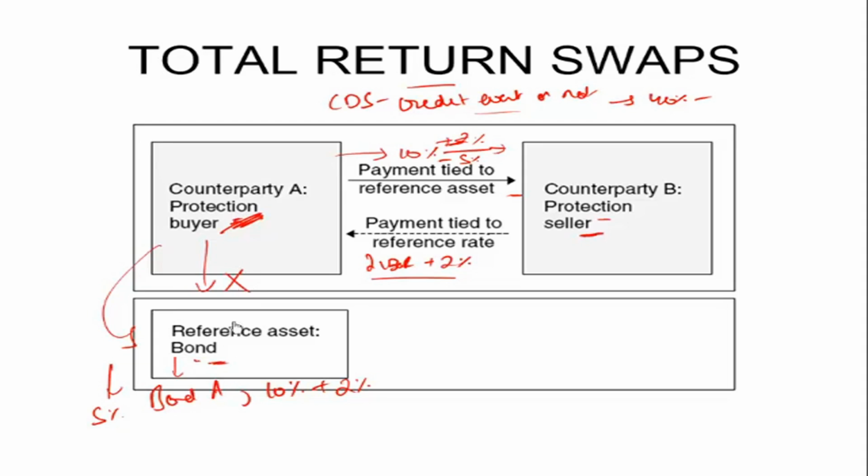The important thing here is that the change in value is not dependent on a credit event. The change in value could be because of a market event or because of a credit event, and hence it's referred to as a total return swap.